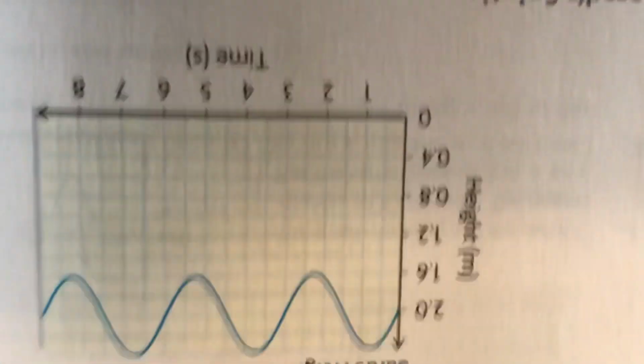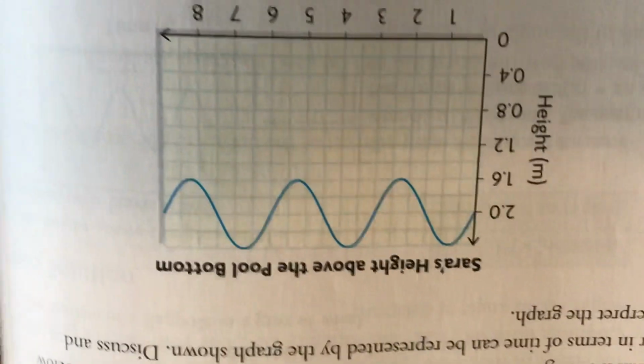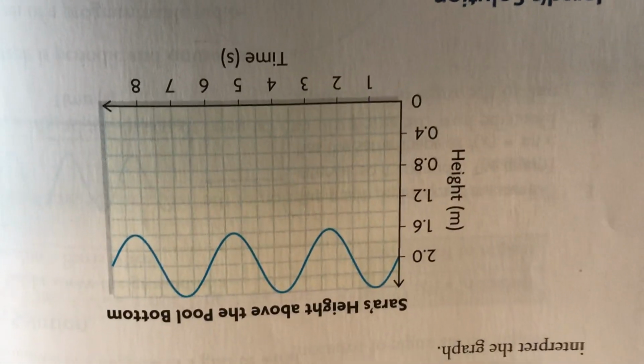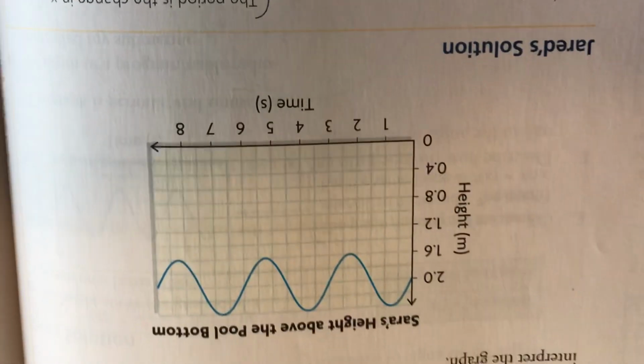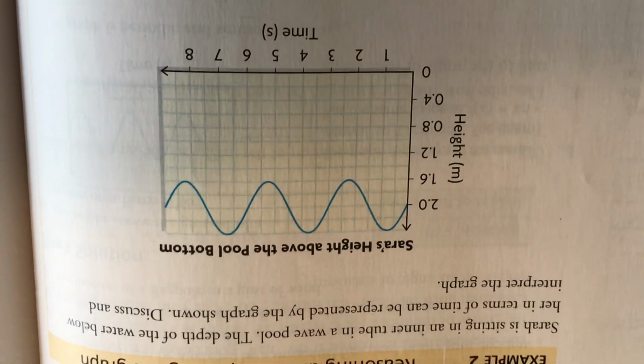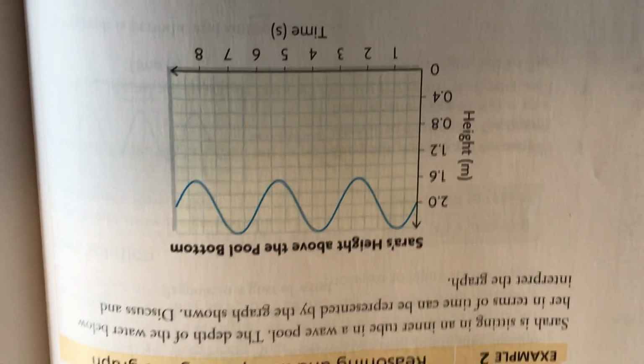Here's the example for today. We're going to be interpreting this graph. It gives you Sarah's height above the bottom of the pool, height in meters versus time in seconds. We are asked: the depth of the water can be represented by the graph below. Discuss and interpret the graph.